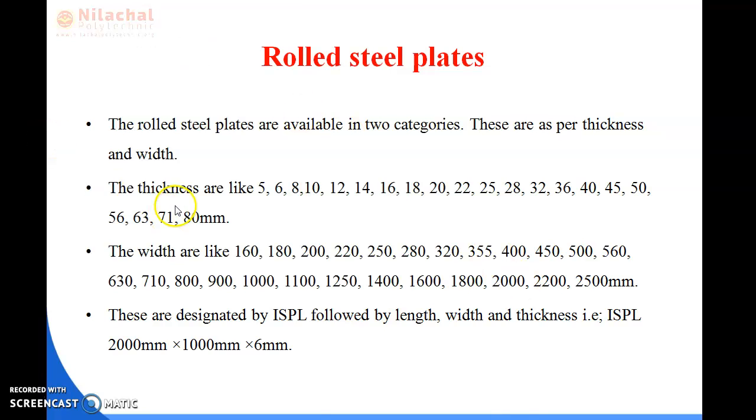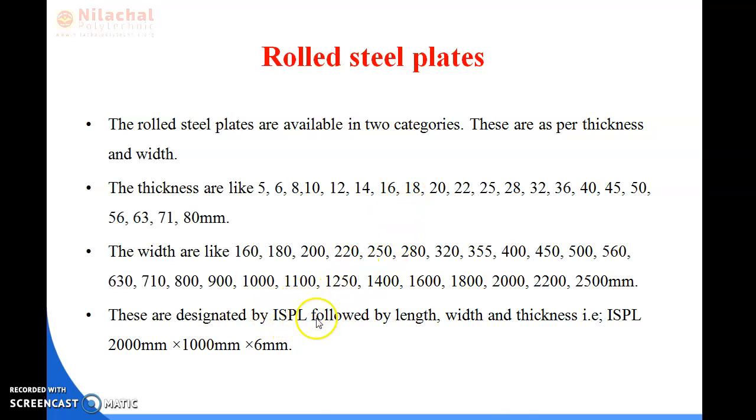Now the widths are available like 160 mm, 180 mm, 200 mm, 220 mm, 250 mm, 280 mm up to 2500 mm. And the steel plates are designated as ISPL, Indian Standard Plate Section.